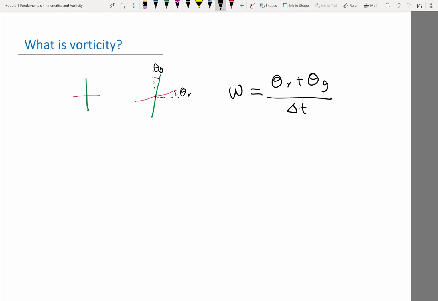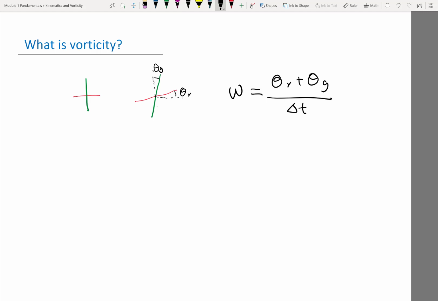What happens is that the red portion of the fluid is trying to push the cross to rotate in a counterclockwise direction, but the green fluid is going to try to push the cross to move in a clockwise direction, right? And whichever one deforms at a higher angle per unit time is going to exert a higher force on this solid cross and therefore wins, right?